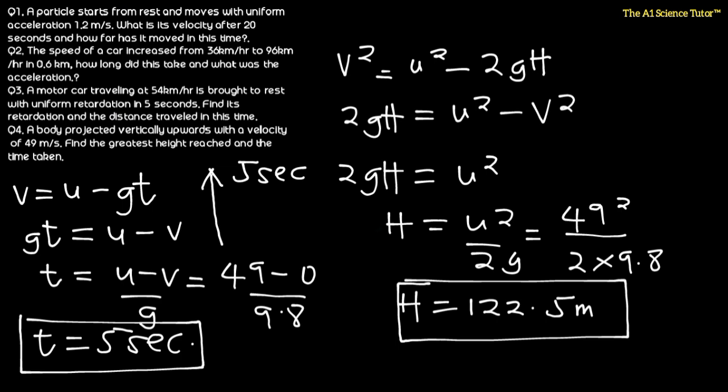Now there is also an amount of time that will be taken to return from that height, which is still going to be 5. Because if you had 5 seconds going this way, you're also going to have 5 coming down. So approximately you should have something close to 10 seconds. That is going to be the total time that the projectile spent in the space or in the atmosphere. So this is the answer.